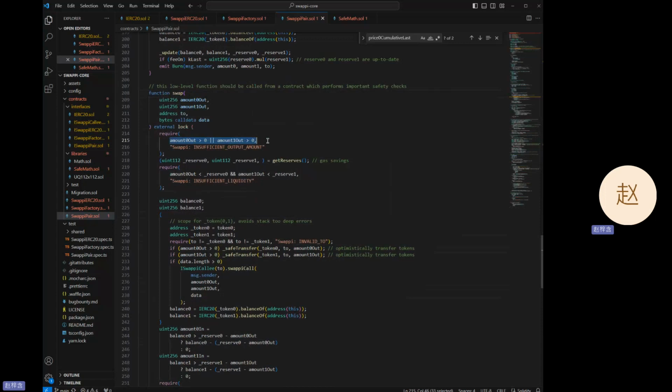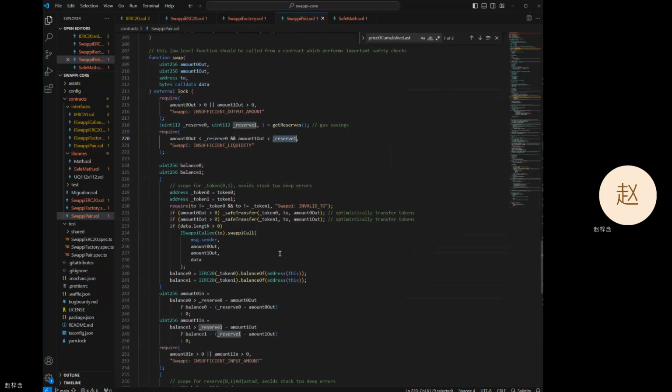So first we will check that at least one of them is greater than 0, and check the amount is enough. So the required amount to go out will be enough for the two reserves.